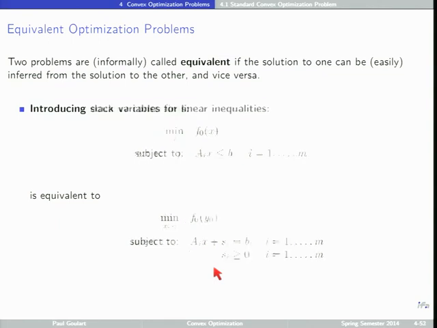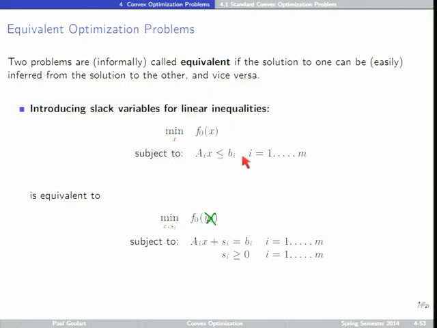And then the other common thing that you see, and again, there's a mistake here. This should be x. The other common thing that you see is that if you have a problem with an inequality in it, like this, and the inequality is not element-wise on x, so it's not x greater than or equal to 0, it's just some function of x less than or equal to some vector.